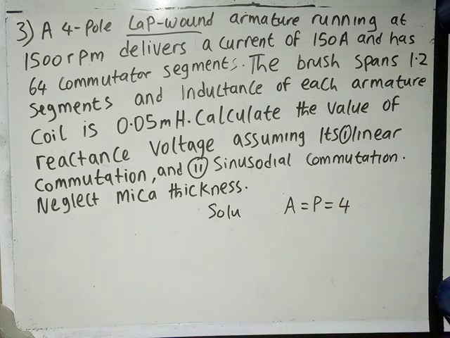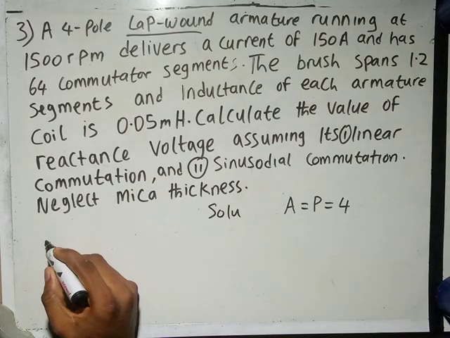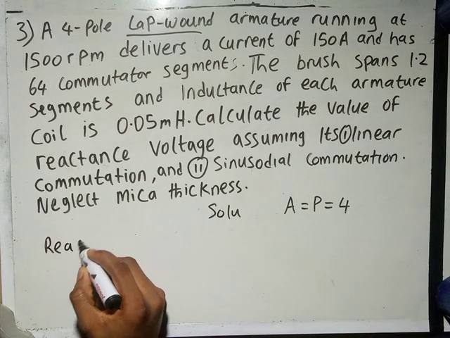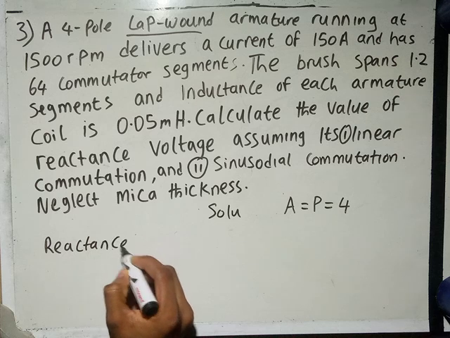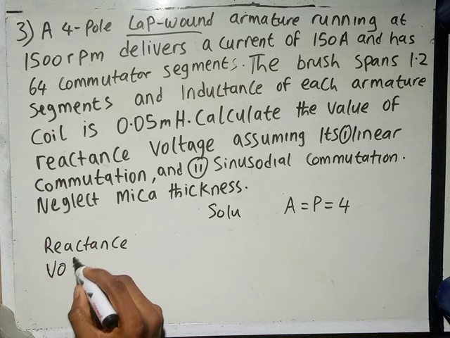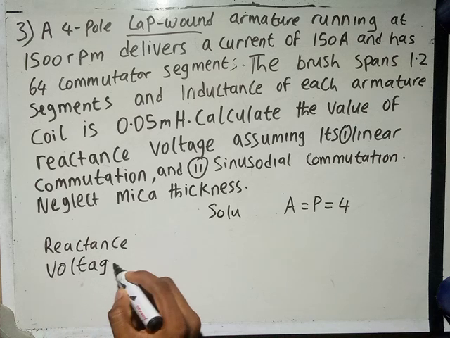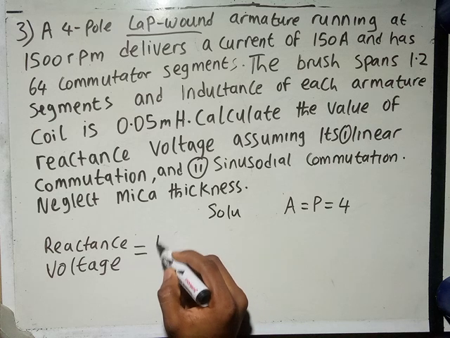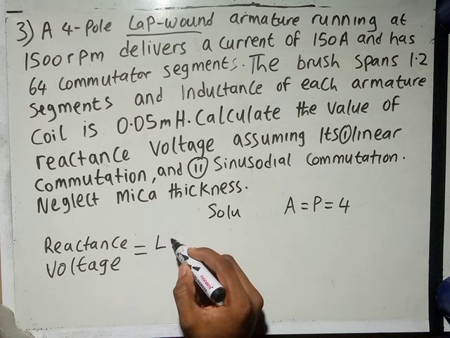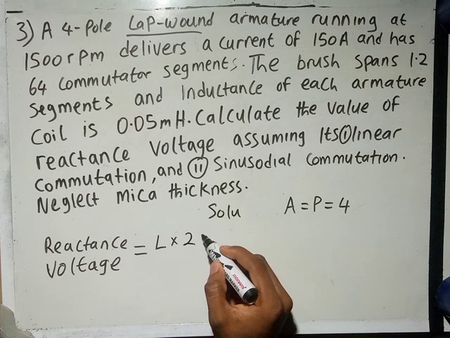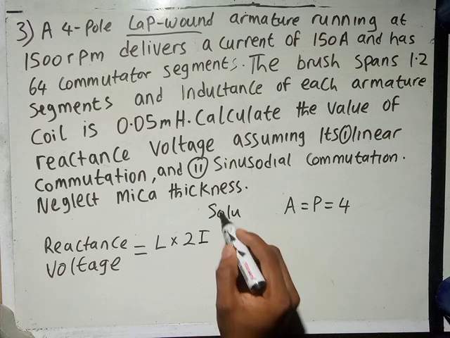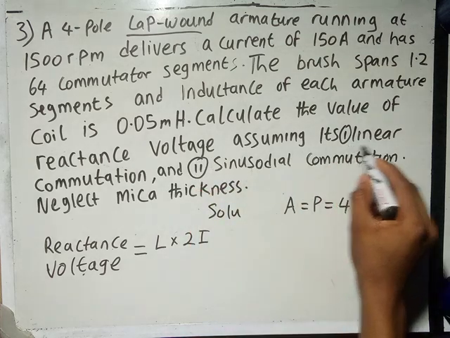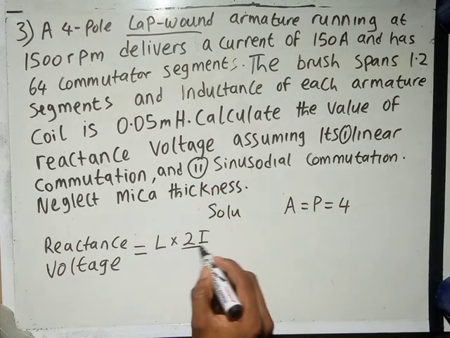Now the task is to calculate the value of our reactance voltage. The reactance voltage is L times 2I over TC times A, if we are assuming linear commutation.